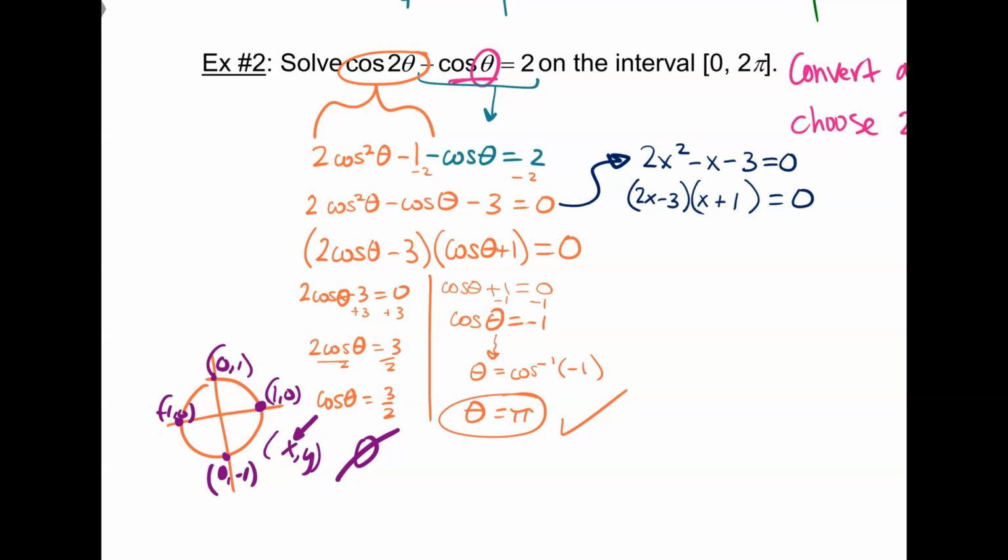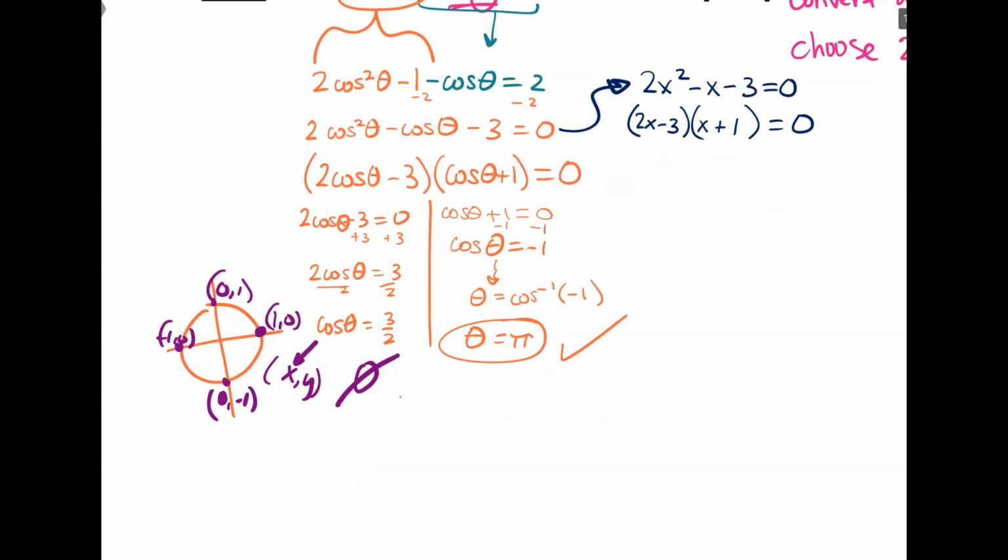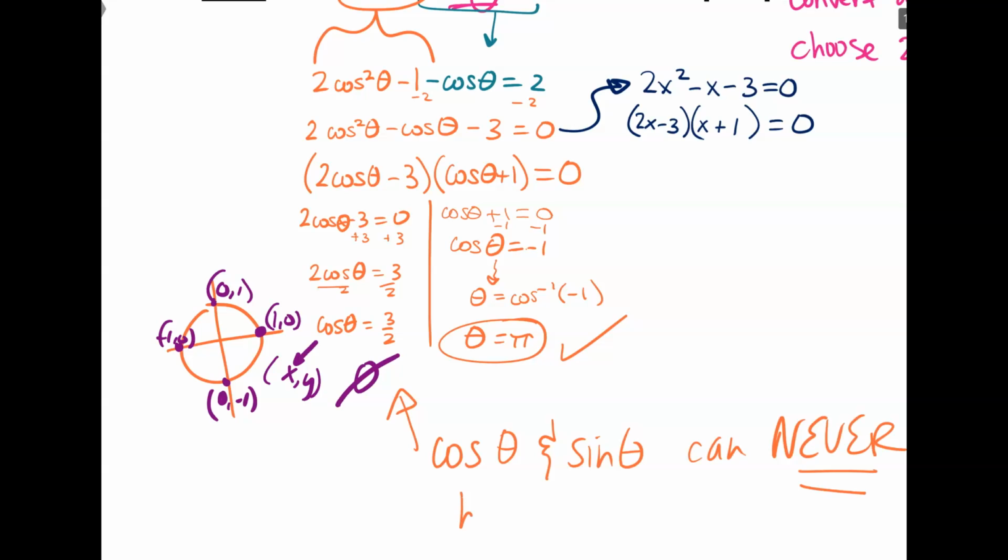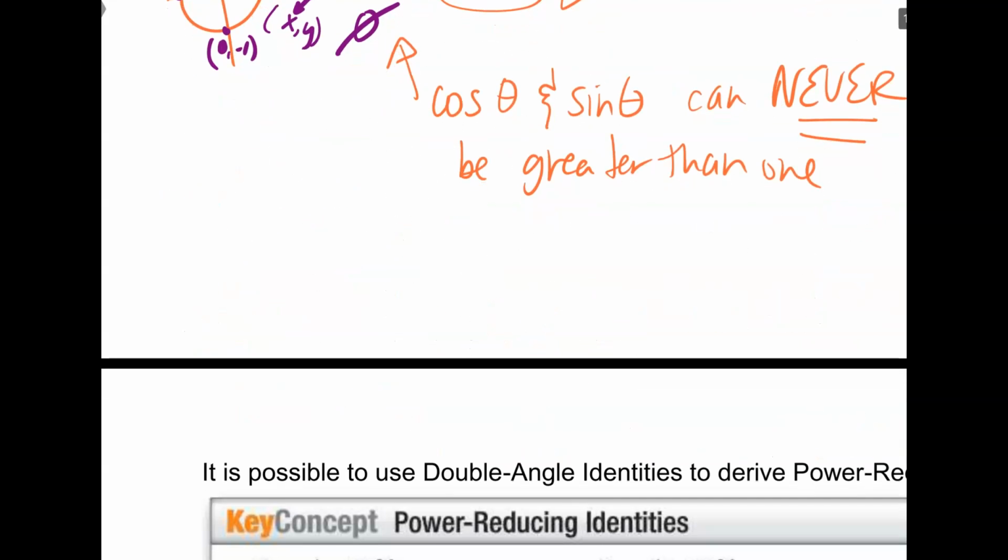So just to be clear, on this left side, cosine and sine can never be greater than 1. If I ask you a question like this, it's a no solution. It's extraneous, it doesn't actually work.